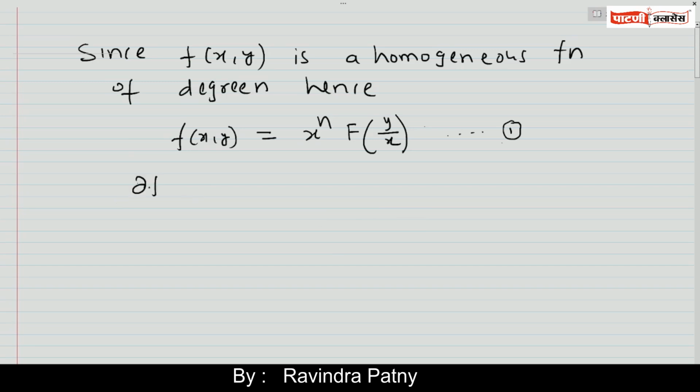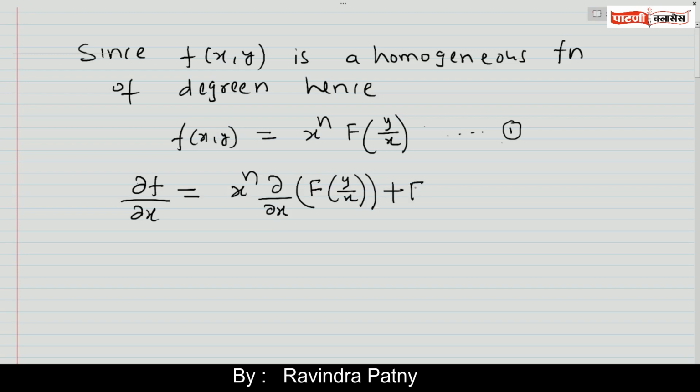Therefore, ∂f by ∂x equals x raised to n into differentiation, partially with respect to x, of f of y upon x, plus f of y upon x into differentiation of x raised to n with respect to x.